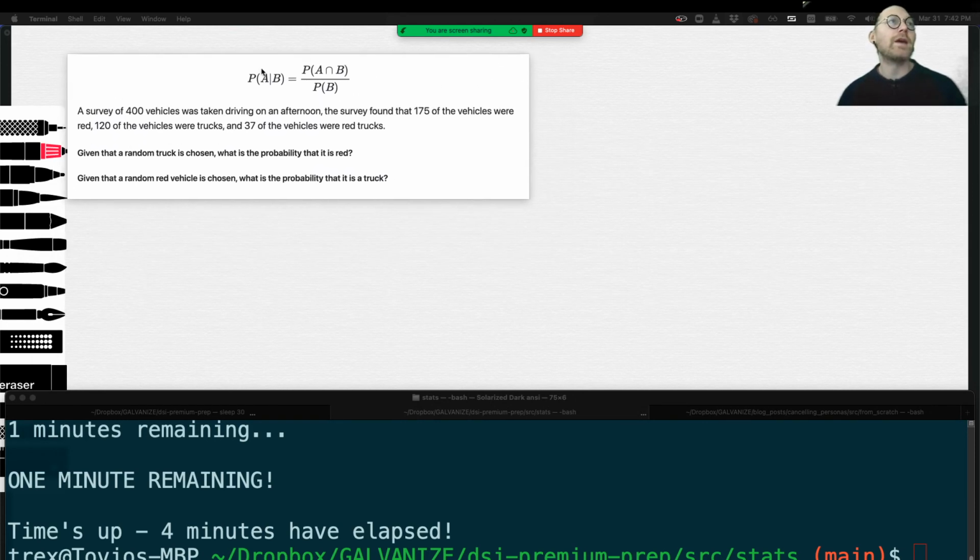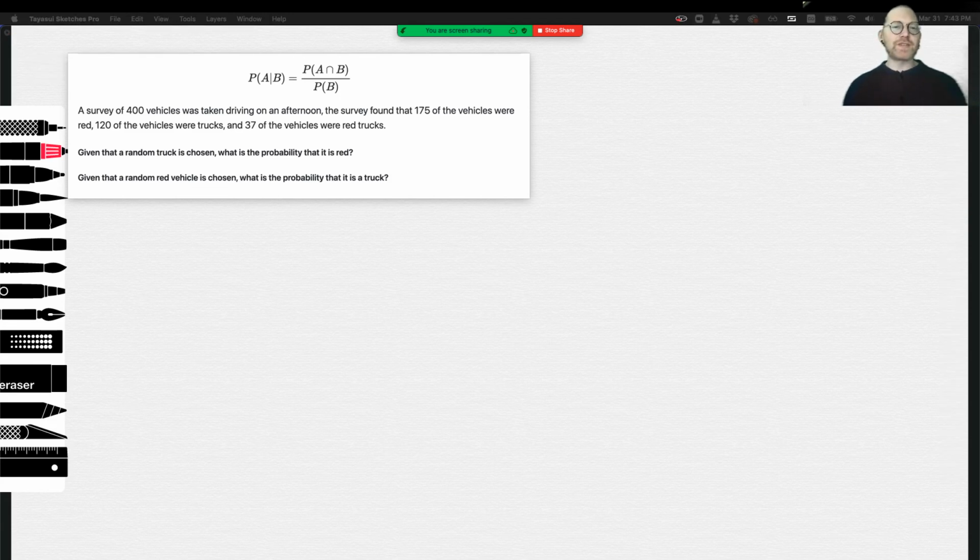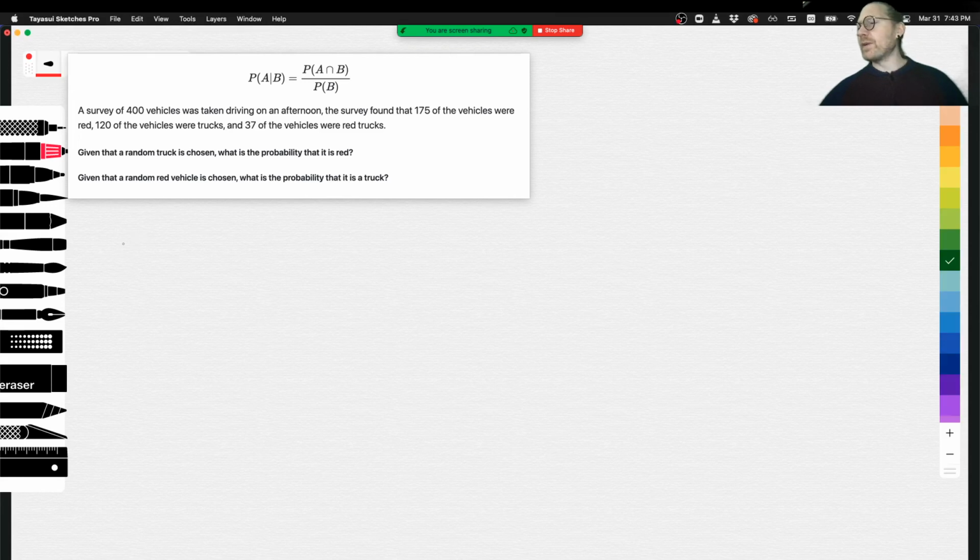Okay. So I'm going to do this with pen and paper. To go through these kinds of problems, I think it's helpful to first write down what you know. Given that a random truck is chosen, what is the probability that it is red? Given that a random red vehicle is chosen, what is the probability that it is a truck? Well, let's write down what we know. The probability of red is going to be 175 out of 400.